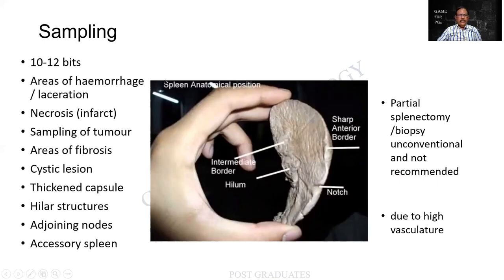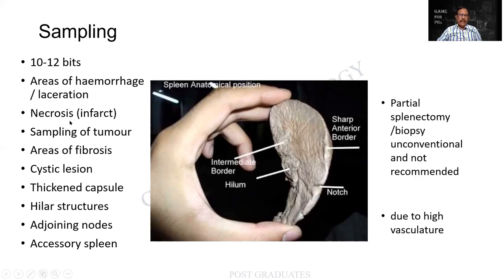And when it comes to the sampling, this is how you people should do. Normally in a spleen, particularly if it is going to be a lymphoma or a tuberculosis or a metastasis, areas of infarct, etc., 10 to 12 bits are given across the entire cut surface. As mentioned earlier, areas with different kinds of texture or color will have to be sampled.